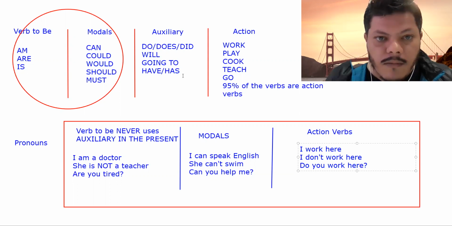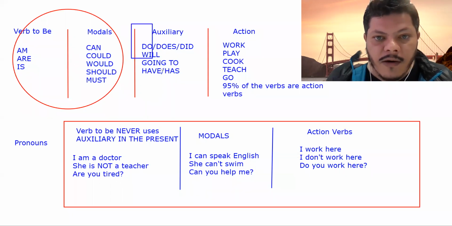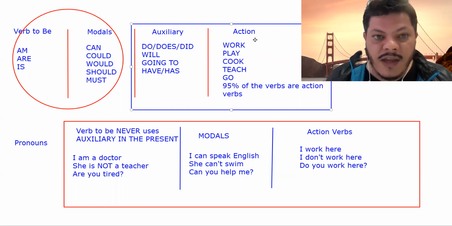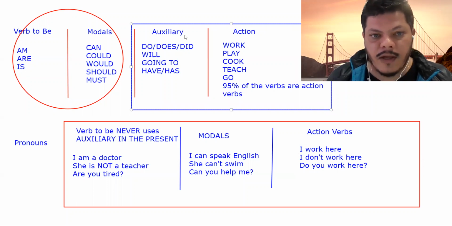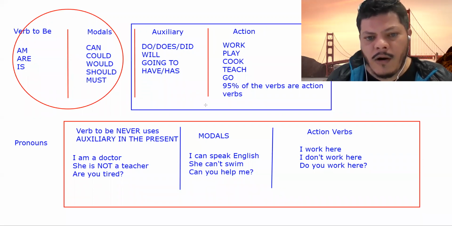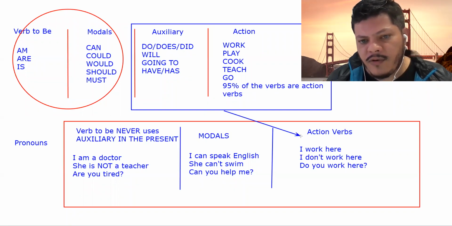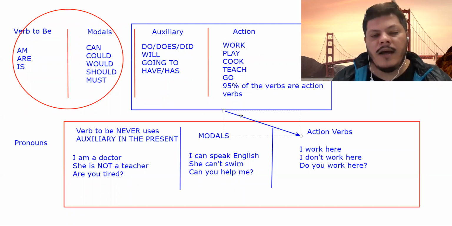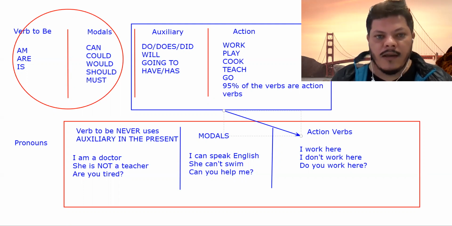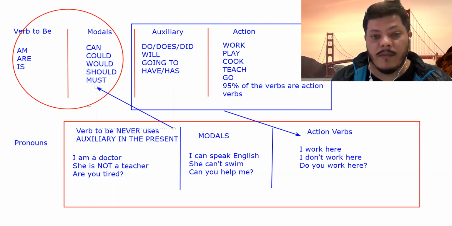So basically, auxiliary verbs and action verbs, in a way, work together. Of course, there are a few exceptions, but 99% of the stuff is going to be covered here in this brief explanation, okay?